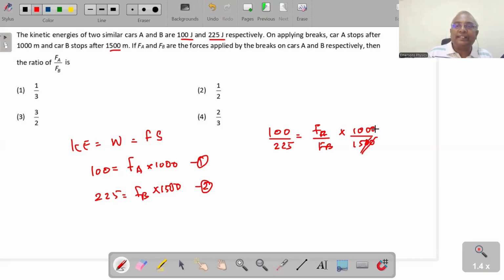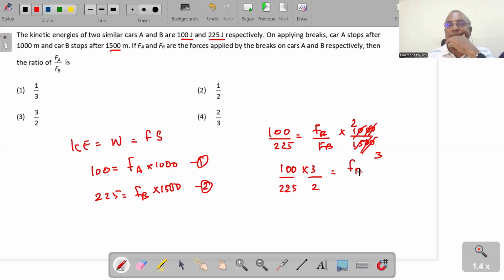But 20 cancel. 2 by 3 we can put. 2 by 3 cross multiply. 100 divided by 225 into 3 by 2 equal to FA by FB. This is what we want, FA by FB. So when you cancel these values, 3, this becomes 15.